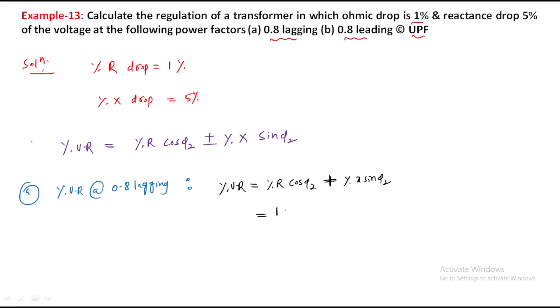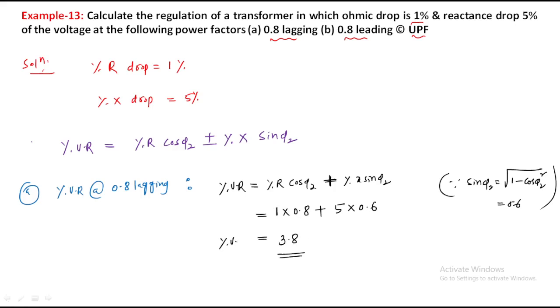Percentage R is 1 into cos phi 2, 0.8, plus percentage X is given as 5 into sin phi 2. If cos phi 2 is 0.8, sin phi 2 is square root of 1 minus cos phi 2 whole square, so you will get 0.6. What is the answer? 0.8 plus 3, that is 3.8, right? The answer is 3.8, the percentage voltage regulation under lagging condition. We have a positive value, right?